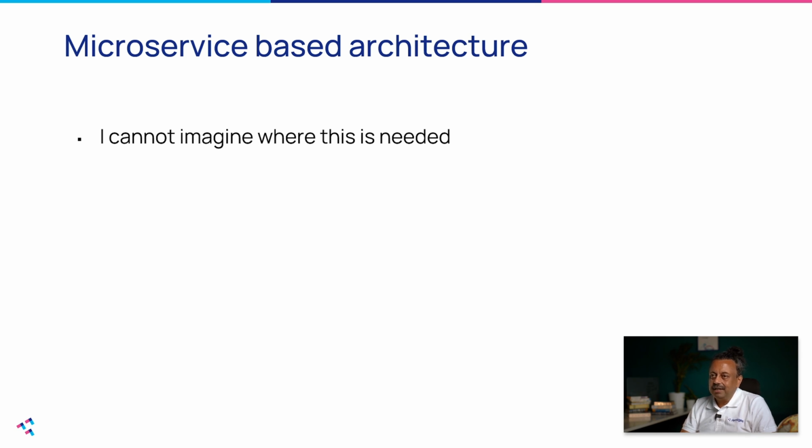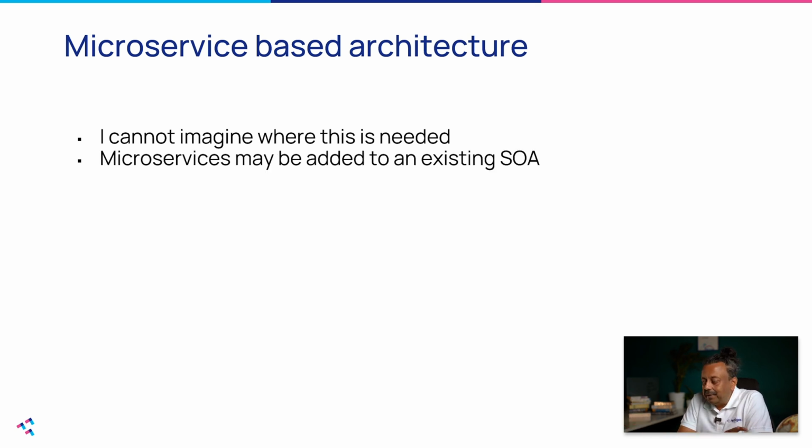Having done very large enterprise applications for very large enterprises with very large throughput, one of our old clients is one of the busiest stock exchanges in the world. We know what high volumes, high throughput is, not just from this client, but from many other clients. I cannot imagine where you will require the entire architecture to be microservices based.